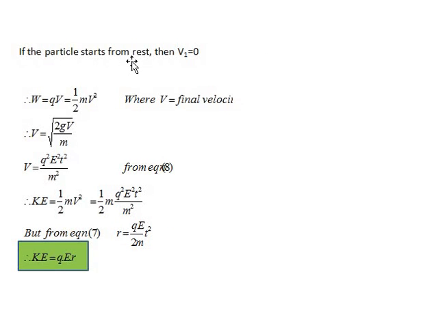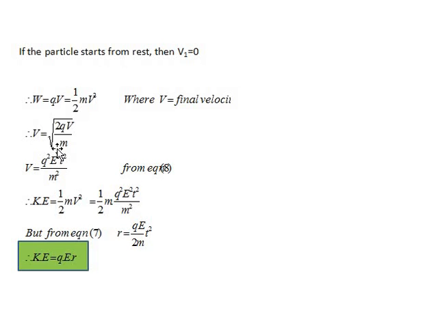If the particle starts from rest, then v1 is equal to 0, that is the initial velocity. Therefore W is equal to qV is equal to 1 by 2 m v square, where v is the final velocity.